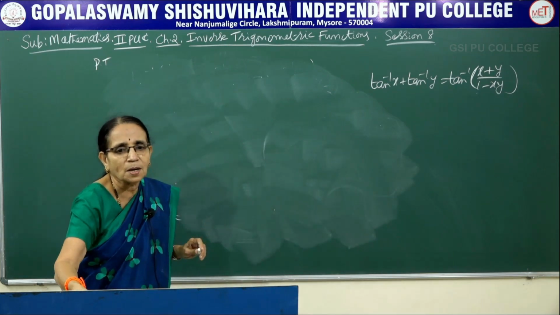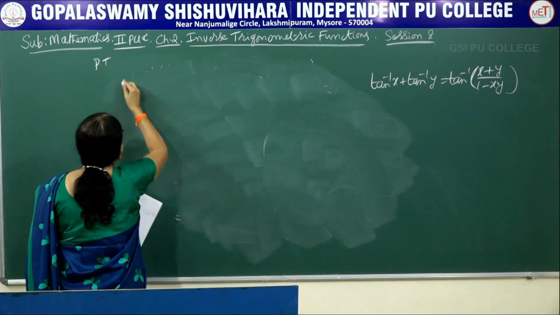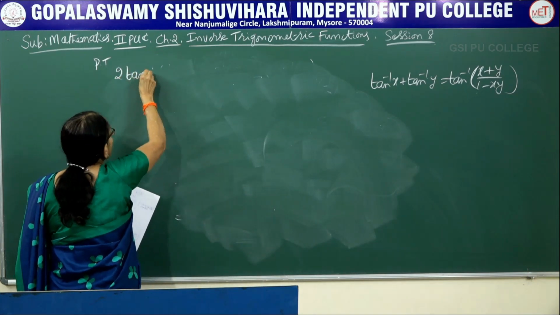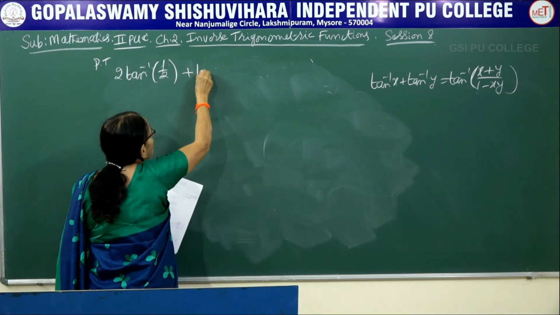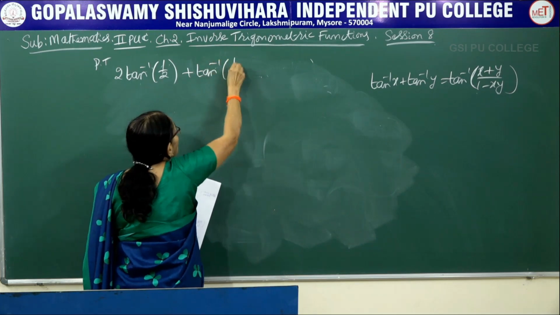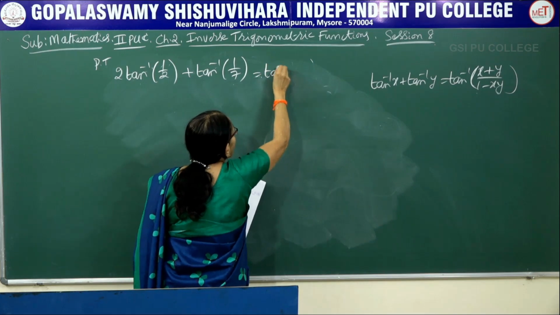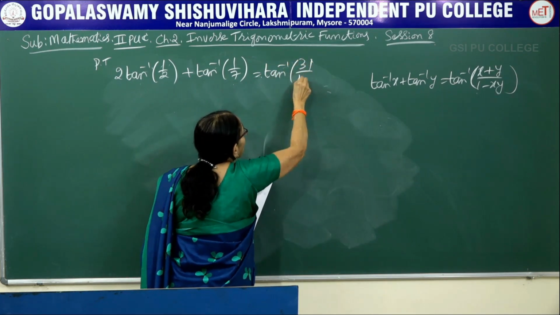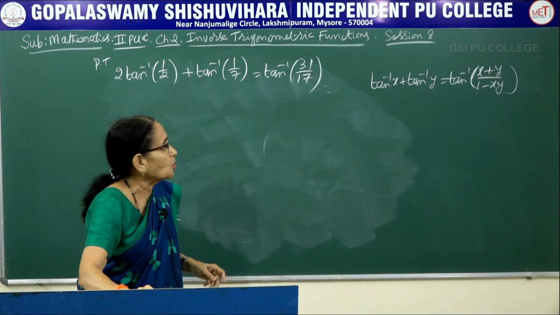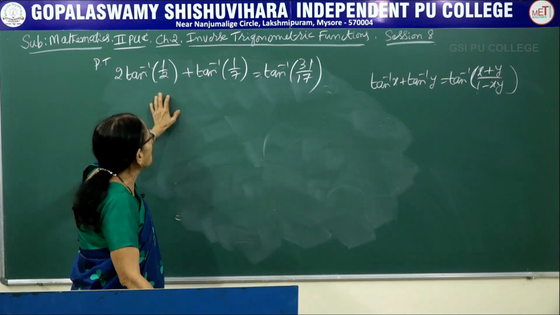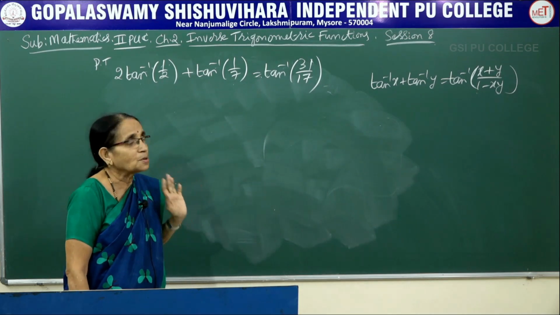The next problem is 2 tan inverse half plus tan inverse of 1 by 7 should be equal to tan inverse of 31 by 17. Now this is the problem.